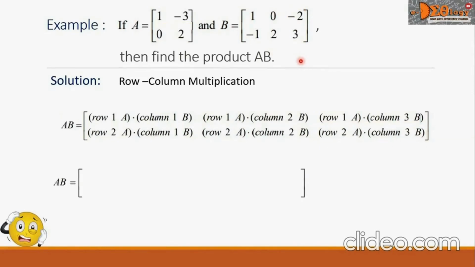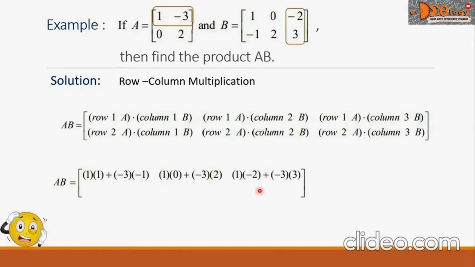Applying this, we will have the following numbers. For the first element, we will have 1 times 1 plus -3 times -1. The second element will be 1 times 0 plus -3 times 2. Third element, 1 times -2 plus -3 times 3.